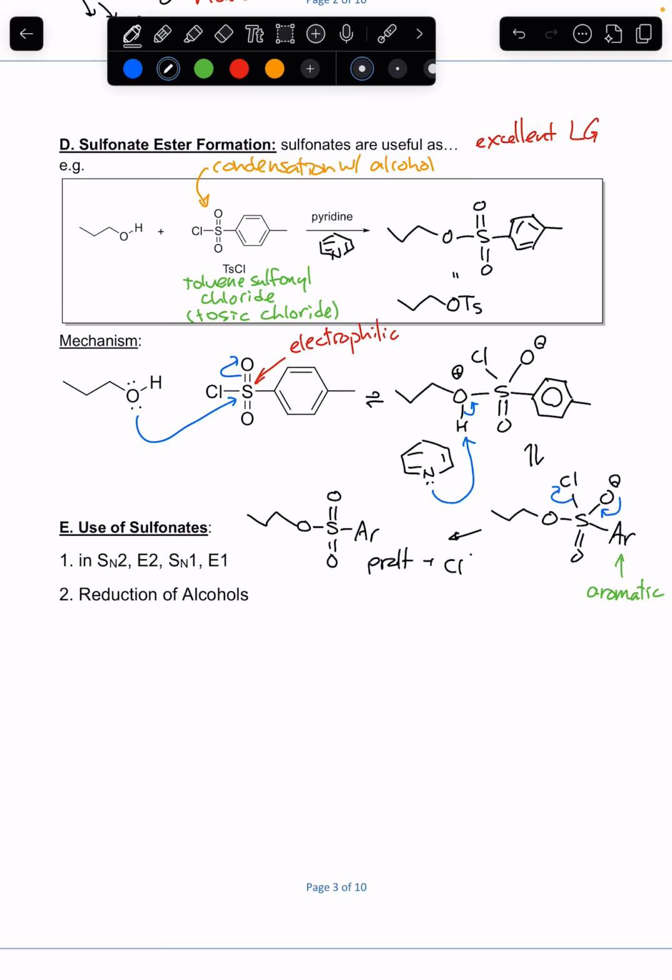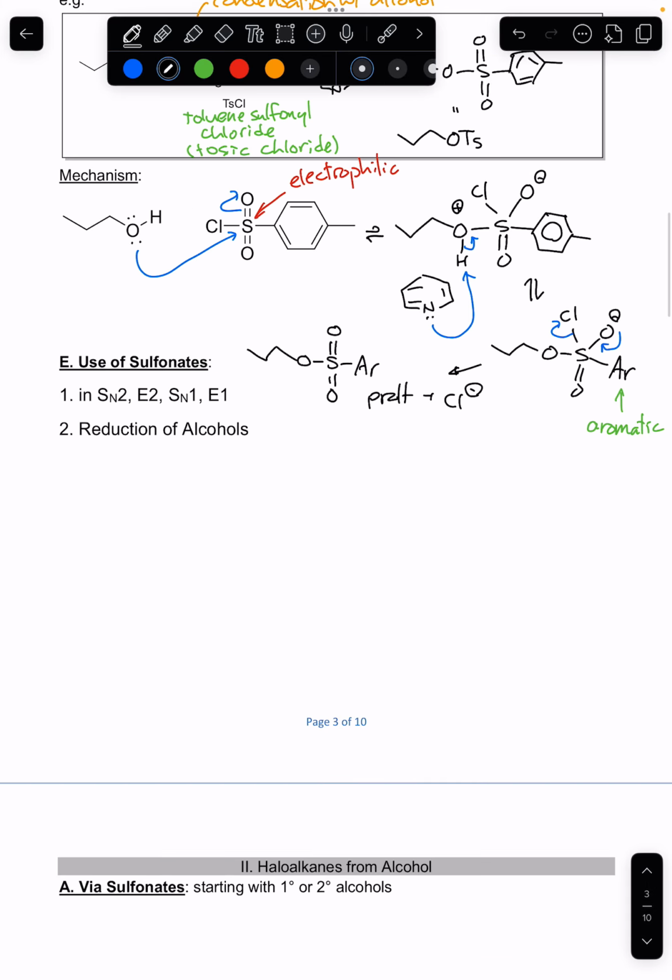And of course, you have a chloride leaving group as well. Now, all that to say, tosyl chloride is very useful in turning alcohol into a great leaving group.